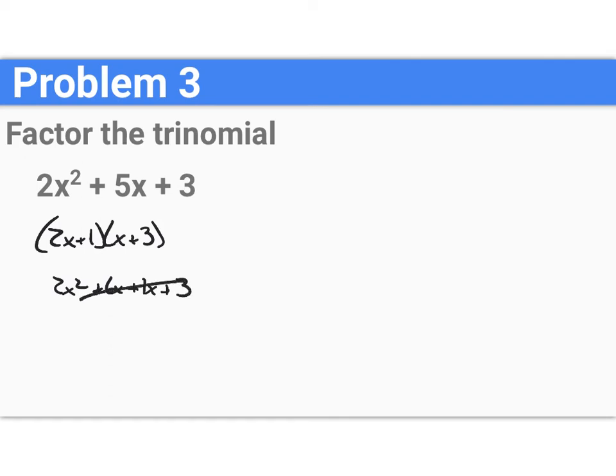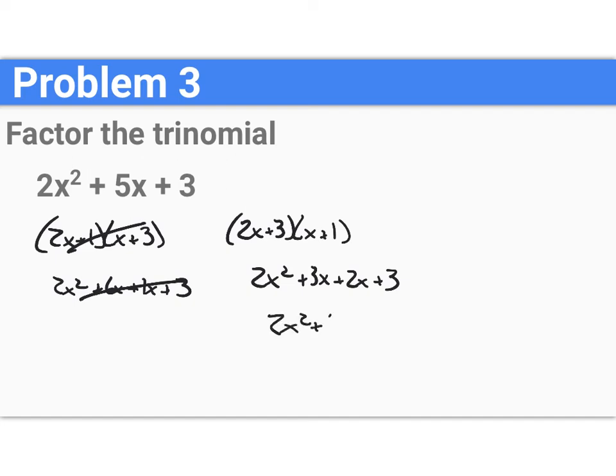Nope, doesn't work. So we try 2x plus 3 and then x plus 1. You get 2x squared plus 3x. I did the inners, I didn't do the outers. Plus 2x plus 3. All right, so that's first, inners, outers, last. 2x squared plus 5x plus 3. And look at that. There you go.